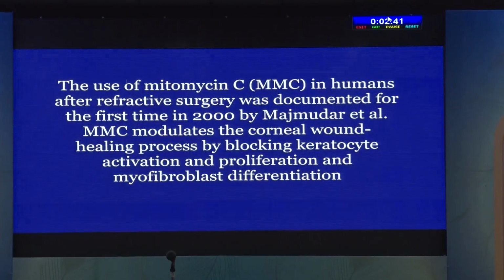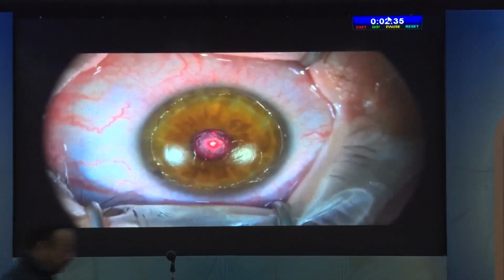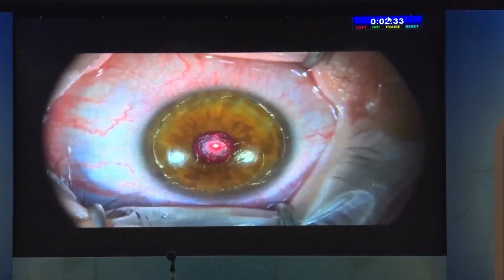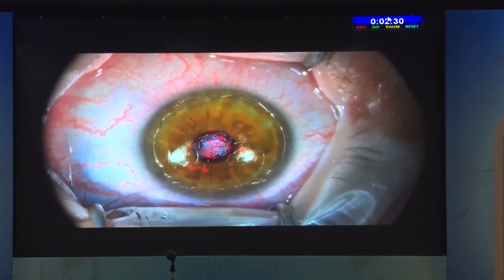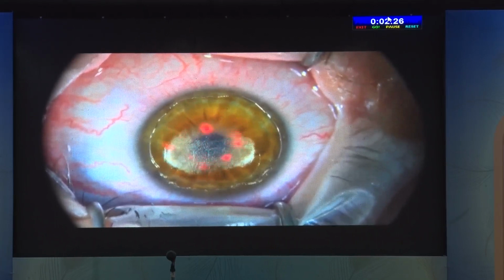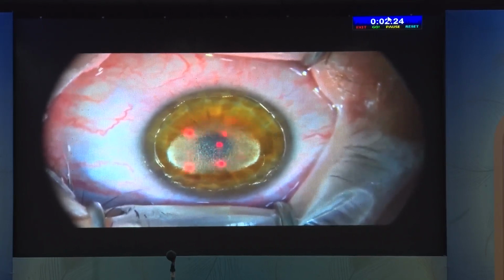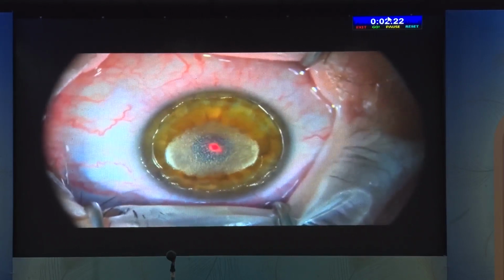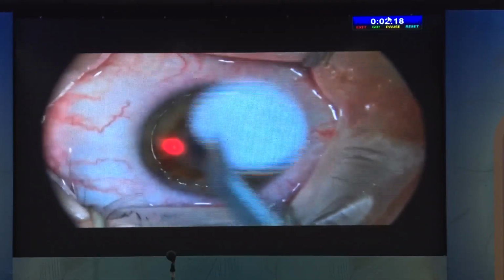About 20 to 30 seconds of application of mitomycin C on the ablated surface helps in reducing the formation of myofibroblasts, and it was introduced by Dr. Majumdar in 2000, after which it has been used all across the world to prevent PRK haze.